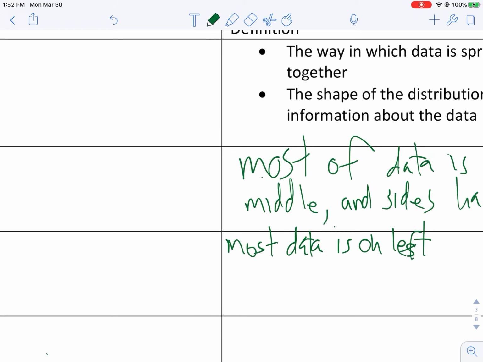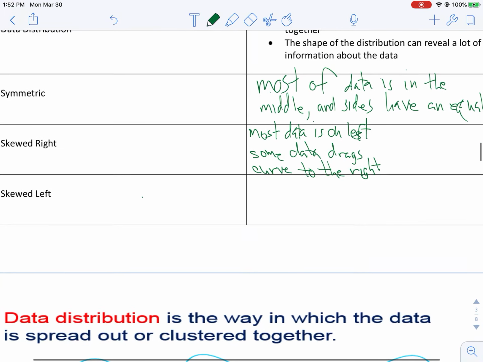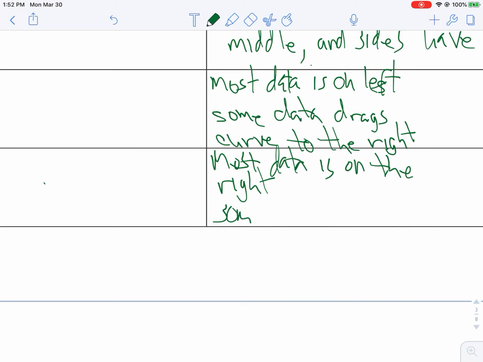Okay, so most data is on the left. Some data drags the curve to the right. And then skew left, most data is on the right. Some data drags the curve left.